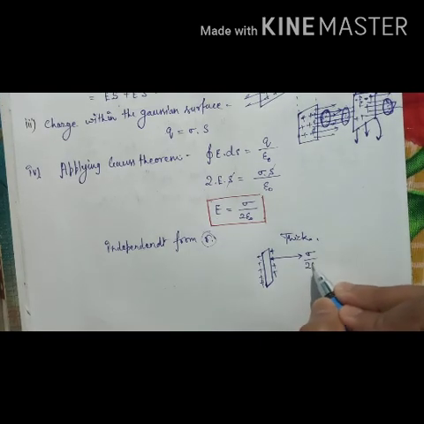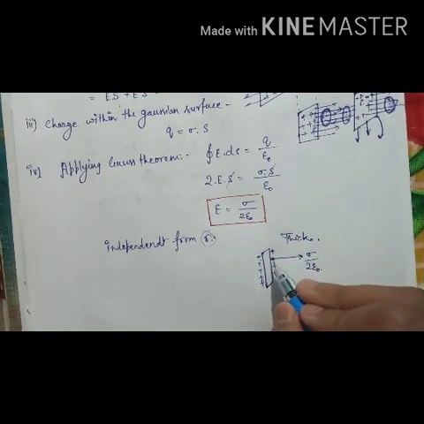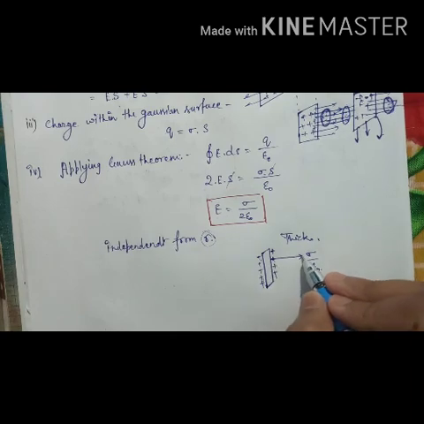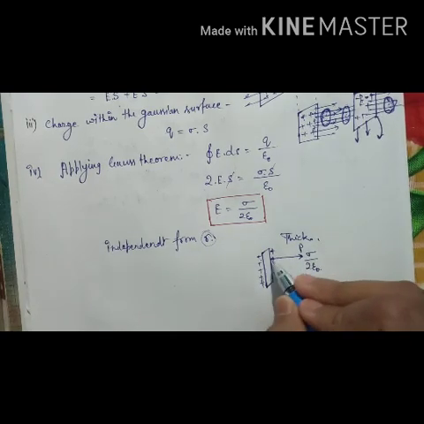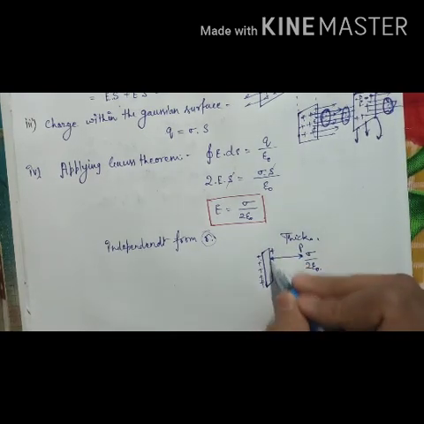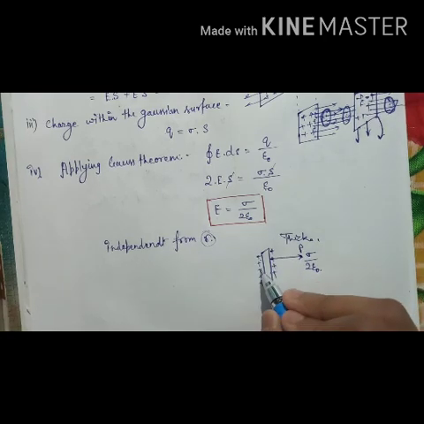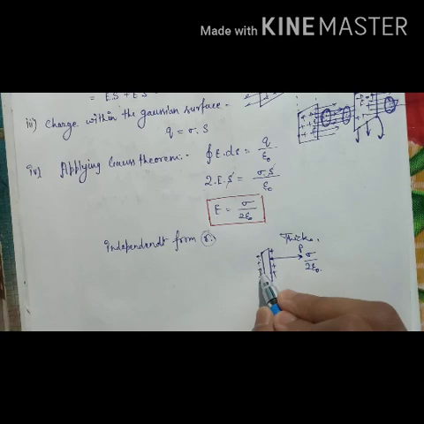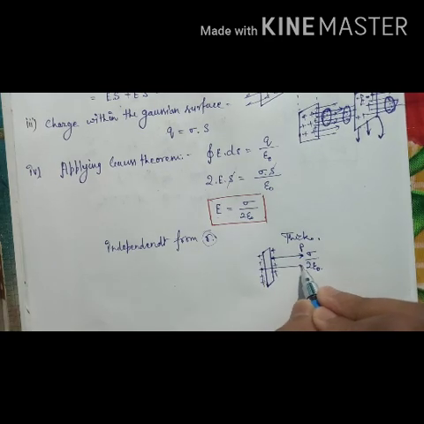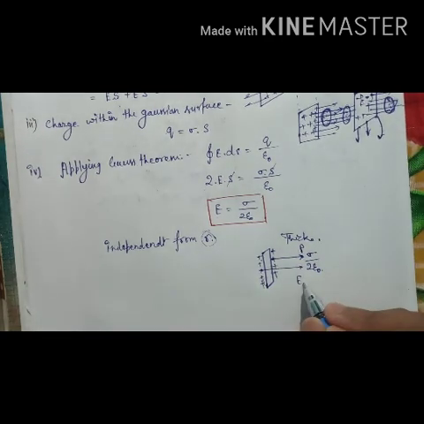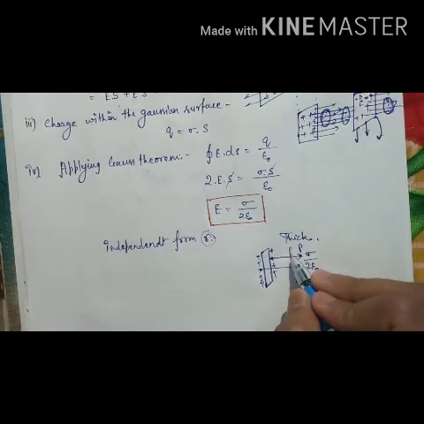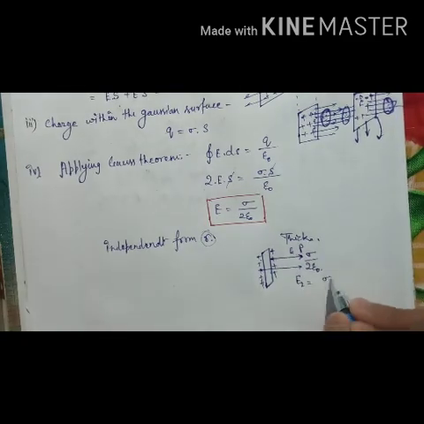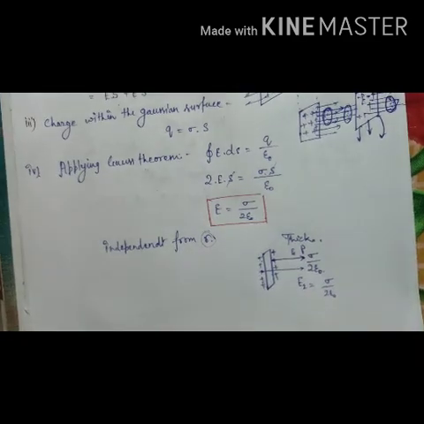Sigma upon 2 epsilon naught is the electric field intensity at this point due to this surface, and the electric field intensity at this point, let us suppose this is E1 and this is E2, is equal to sigma upon 2 epsilon naught.